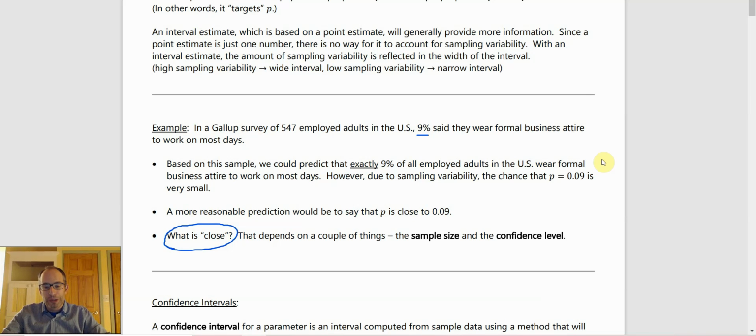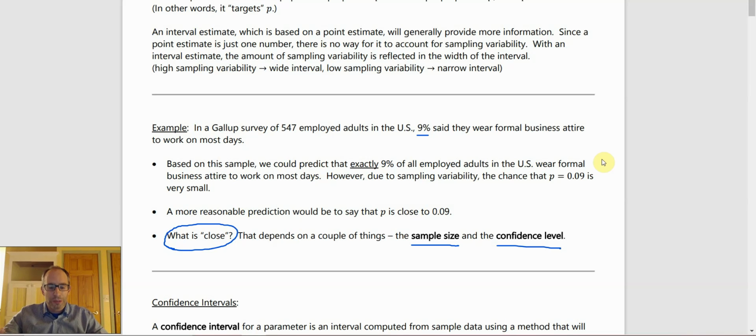There are a couple things that factor in, and they're in bold: sample size, confidence level. Because with the sample size, if you have a bigger sample, you have less sampling variability. So then the size of your sample factors into what would be considered close. And then the confidence level, because you can have different levels of confidence. They're all fairly high.